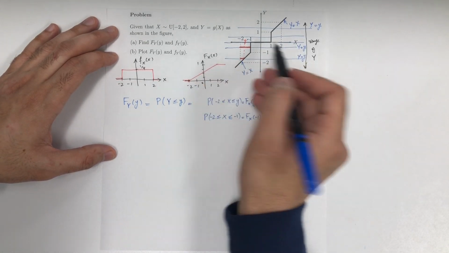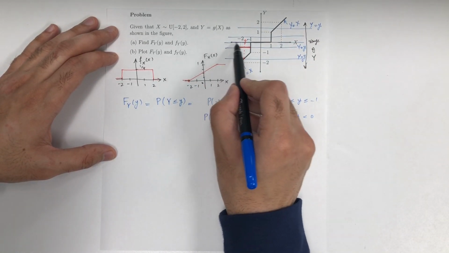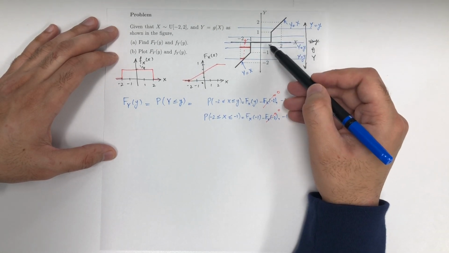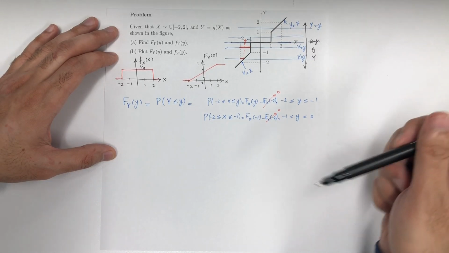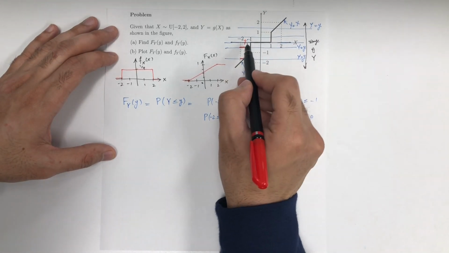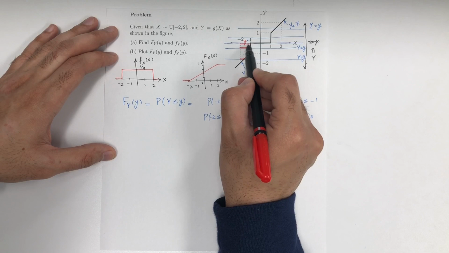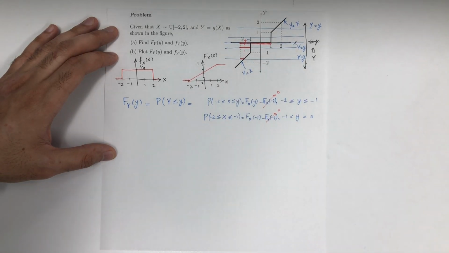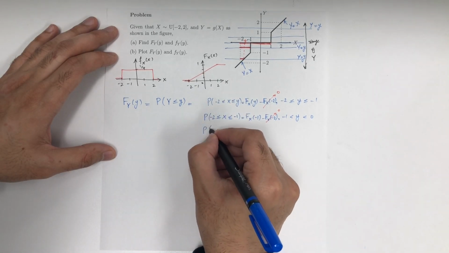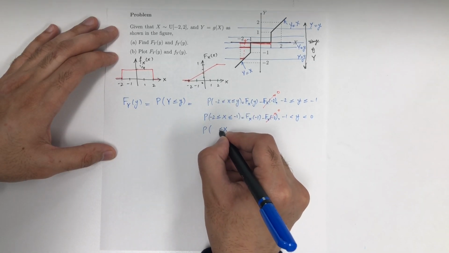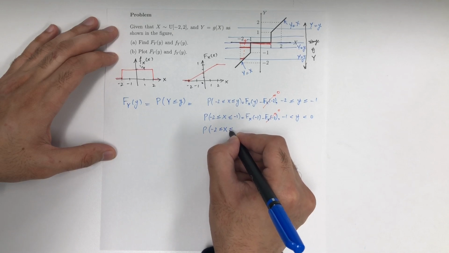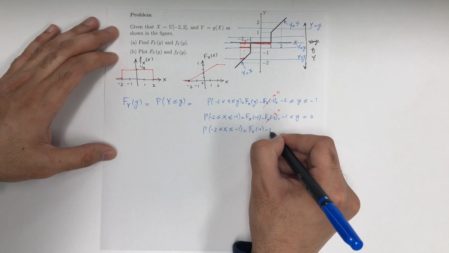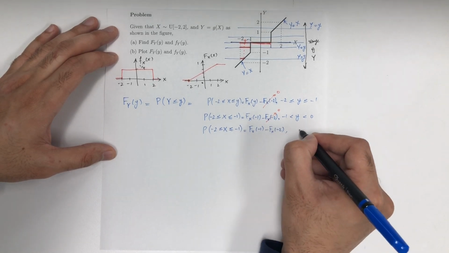The next possibility is that y is exactly equal to 0, which means this blue line here. And for the black solid line to be below this blue line, the x can be in this range, which means the probability that x has to be between -2 all the way to -1, which is again Fx of -1 minus Fx of -2.